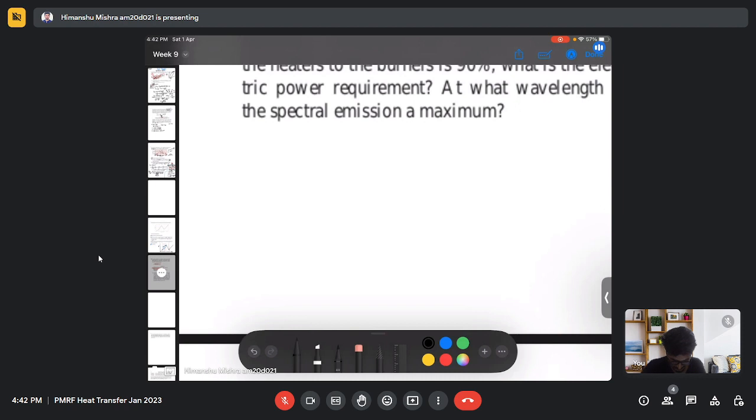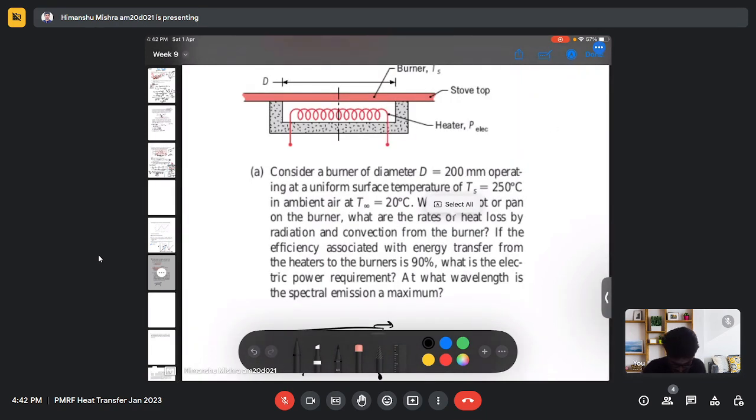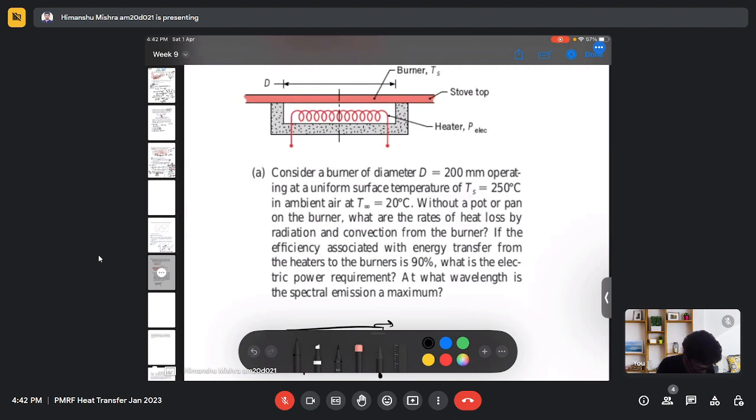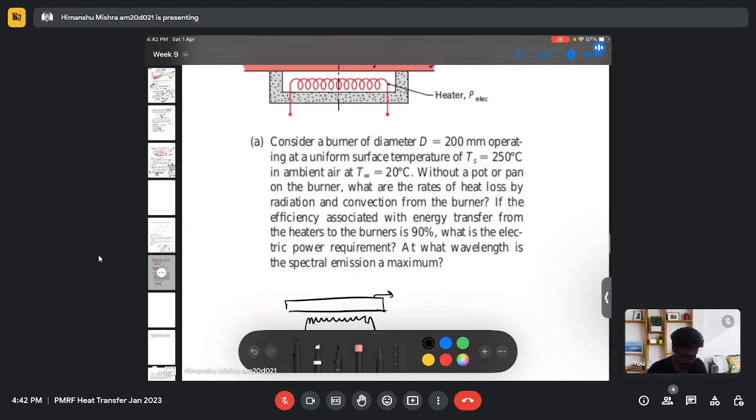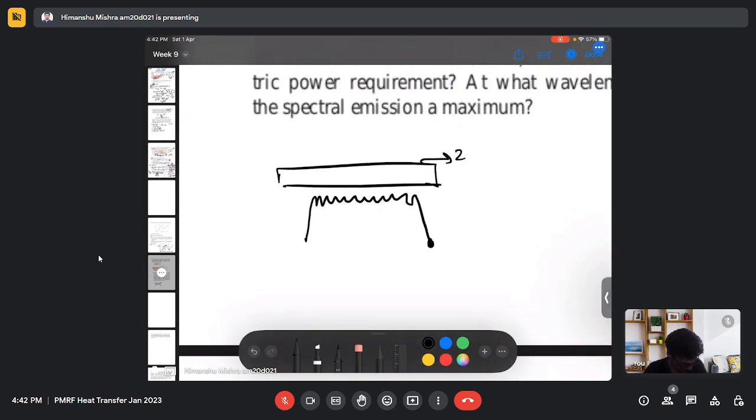So we have a burner here, and the surface temperature is 250 degrees Celsius. My ambient temperature is 28 degrees Celsius.